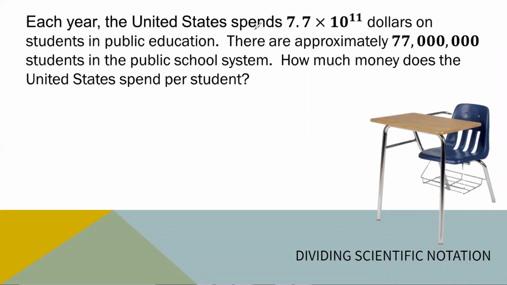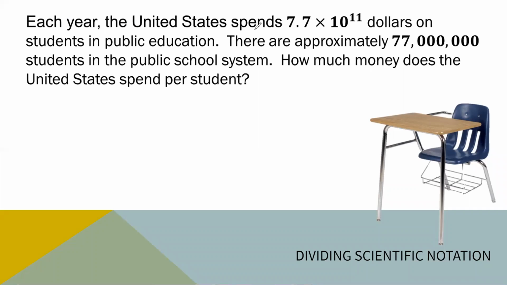We have another word problem. So this time each year, the United States spends 7.7 times 10 to the 11th power of dollars on students in public education. There's approximately 77 million students in the public school system. How much money does the United States spend per student?